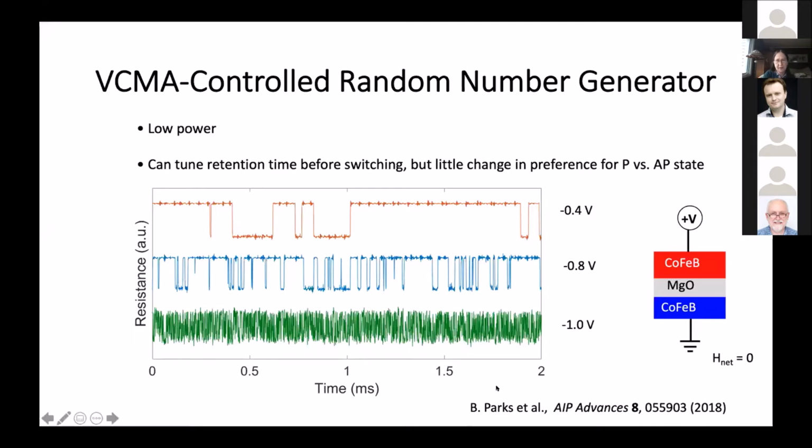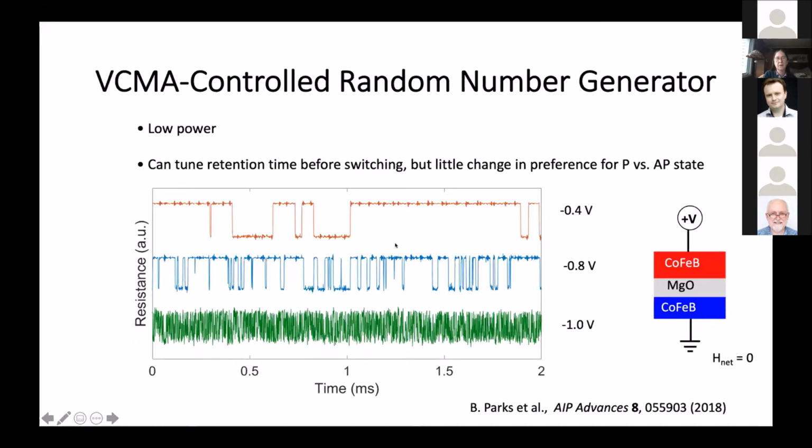This is actually one of our earliest devices, so it's very slow. We can now get down to hundreds of nanoseconds, so we can make them fast. It's really limited by our capture electronics. But one feature that we observe in these sorts of devices is that as we tune the retention time, the average time between switching events, we're not having a big effect on the preference for the parallel or the anti-parallel state.